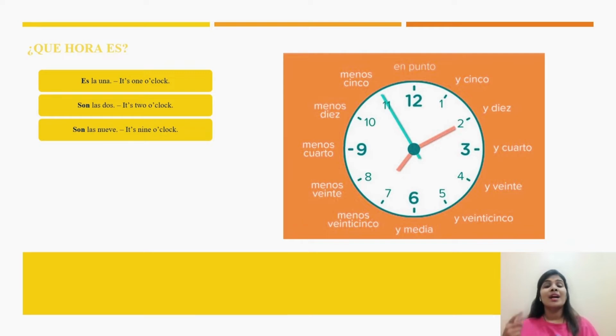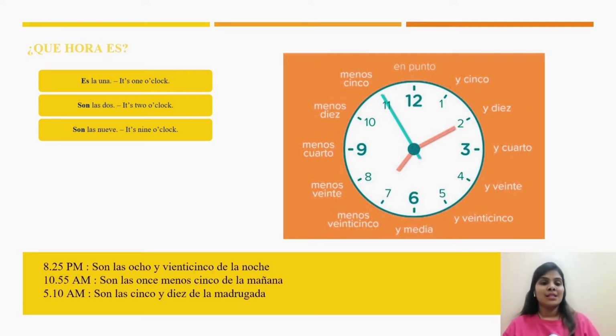Now let's move on to a bit more, which is minutes, and it is important to understand. So here currently we only concentrate on the number 8:25 minutes. So as you can see, the pattern is again son las, and then it is ocho, son las ocho, and then we add the 25 and the y, which is written here in between 8 and 25.